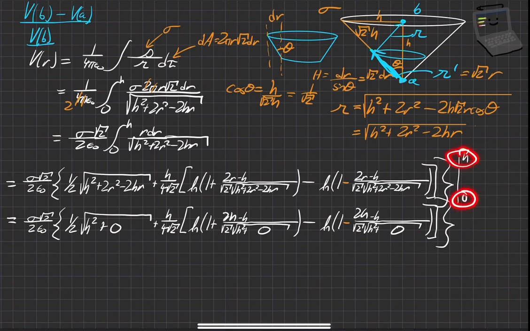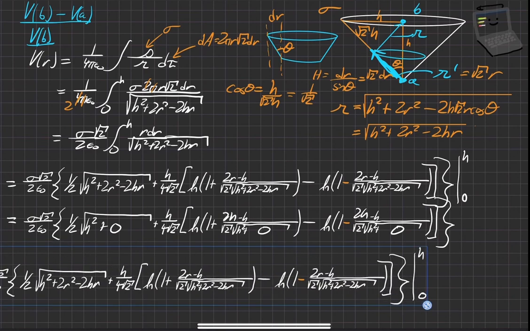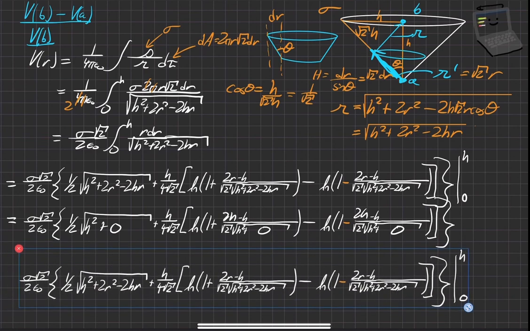So now we're going to do the 0 limit. We're going to do all that minus, so this is all one equation, minus the 0 limit. Of course these will all go to 0 again.